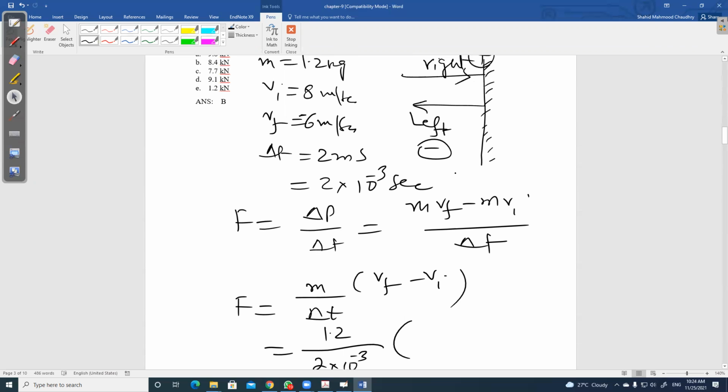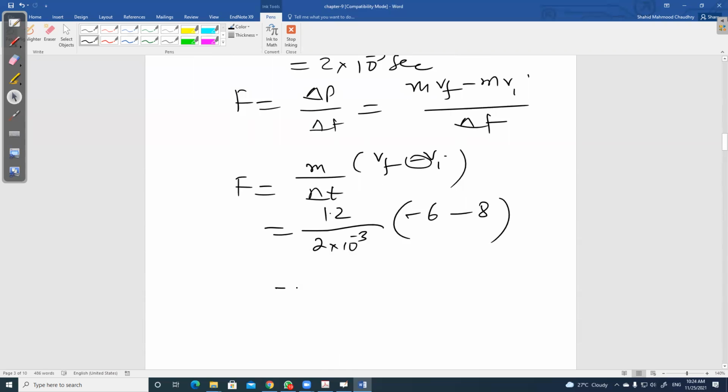Vf is minus 6, minus vi, which is 8. So this is minus 14 times 1.2 divided by 2 times 10 to the minus 3. When you solve this, you will get the answer 8.4 kilonewtons.